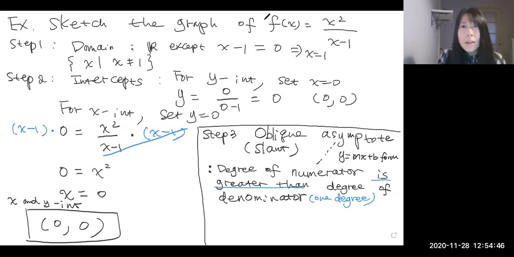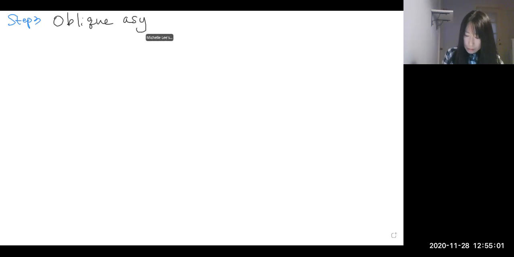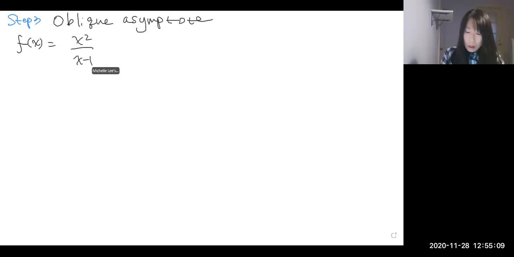Let me erase this one. So the numerator has x squared, the denominator has x minus 1, right?